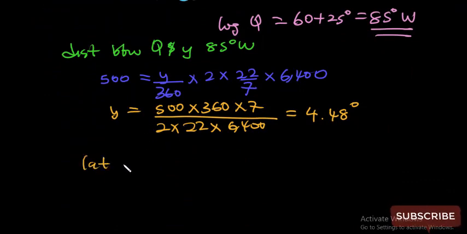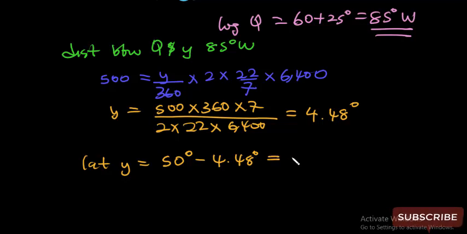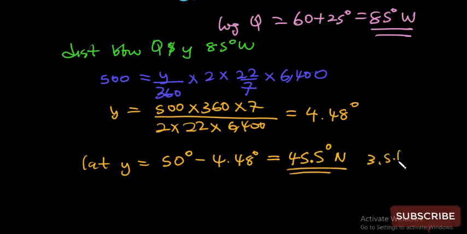So the latitude of Y is equal to 50 degrees minus 4.48, and that is going to give us 45.5 degrees to 3 significant figures. So this is the final answer.